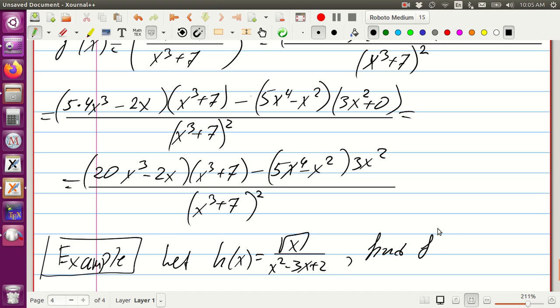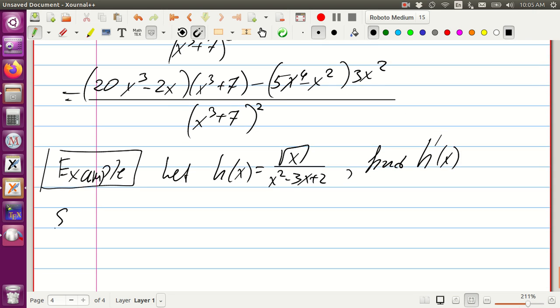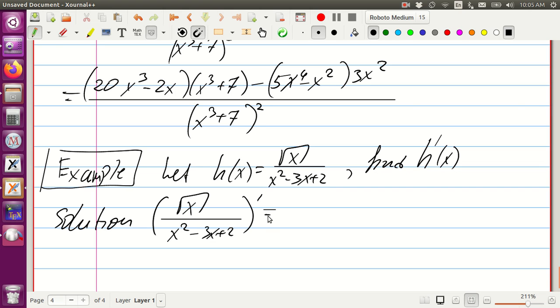Find h prime of x. So what would be the solution in this case? In this case, we have to find the derivative of square root of x over x squared minus 3x plus 2, and we're going to use a quotient rule.